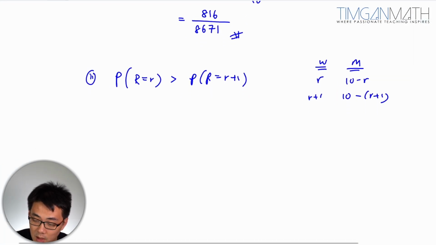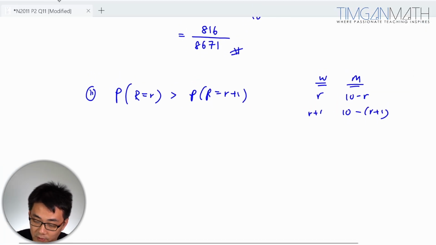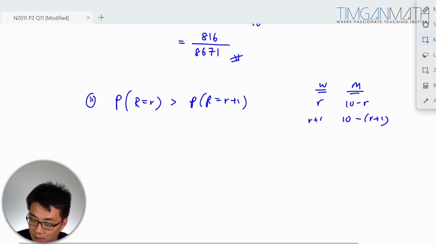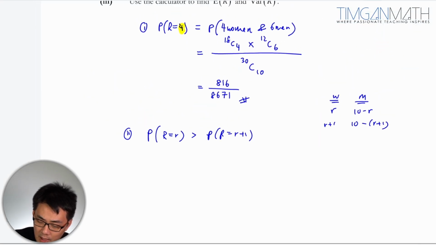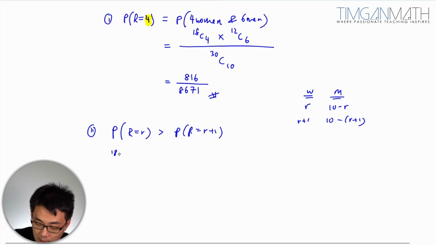So I'm going to just use what we did from the first part, but in this case we have unknowns, algebra. For the first one, I'll put 18 women, choose r, multiplied by 12 men, choose 10 minus r, over 30 choose 10.